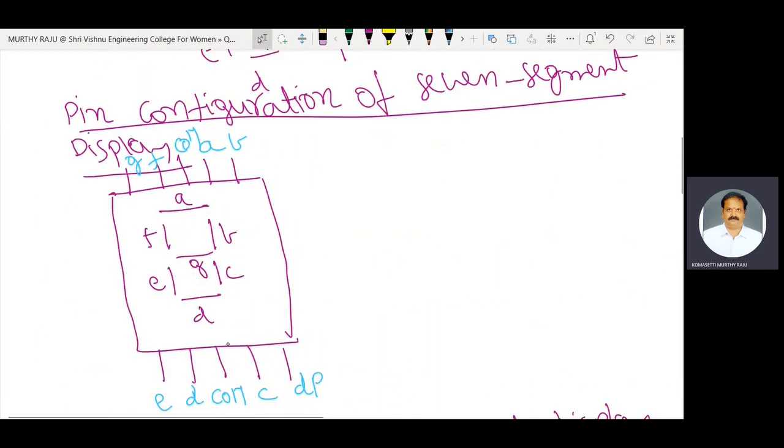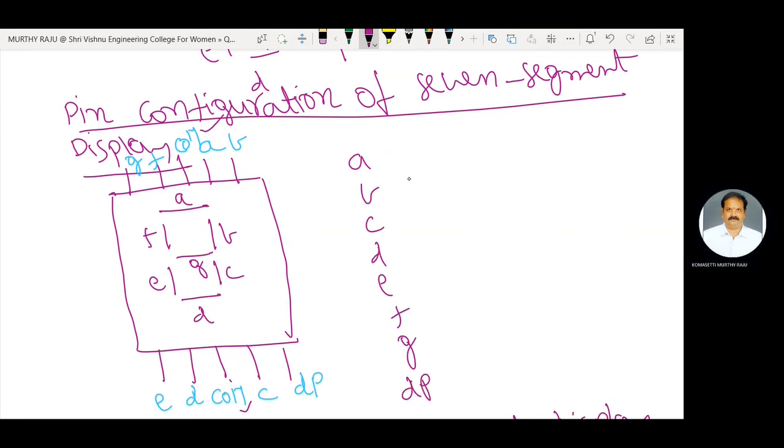In that one, some common point is there. This is the common terminal. This common terminal is internally connected. By using an Arduino UNO board, the pins A, B, C, D, E, F, G, and DP of that 7 segment display are assigned to Arduino UNO board digital pins.